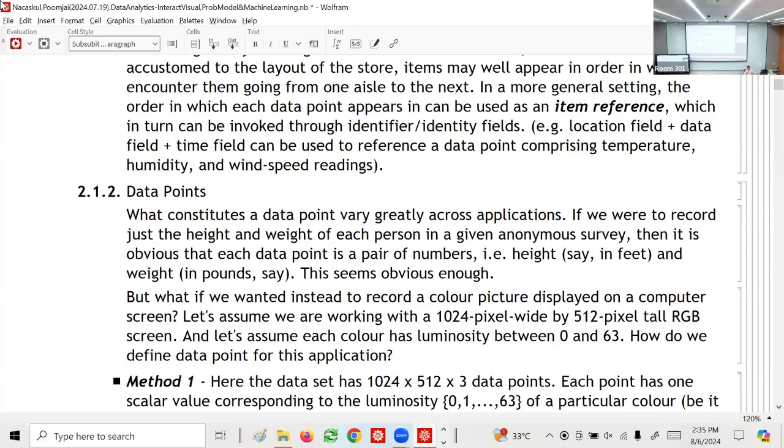So, you make your mom some tea, and then you ask her how many spoons of sugar she would like, right? And then you write that down. Is that data?